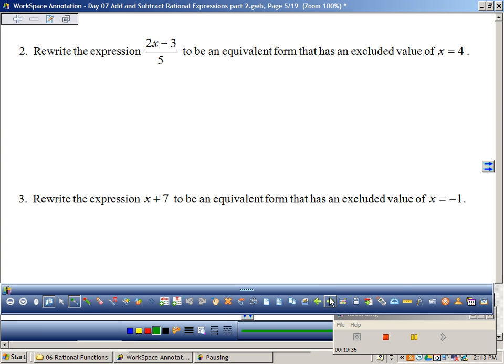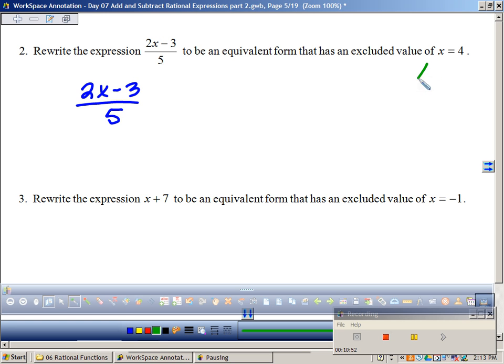Okay, let's work on this really quick. Rewrite the expression 2x minus 3 over 5 to an equivalent form that has an excluded value of x equals 4. So if something had an excluded value of x equals 4, what did it used to be in the denominator? It used to be x minus 4. So if I want to make this have an excluded value of x equals 4, I can't just go, oh, okay, done.